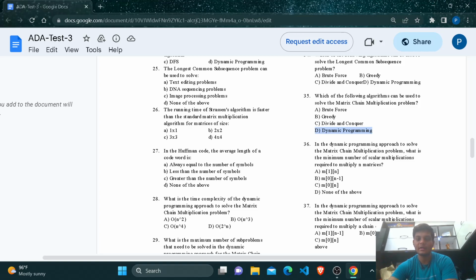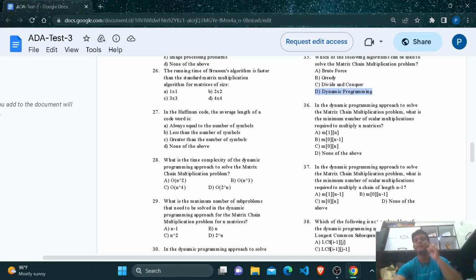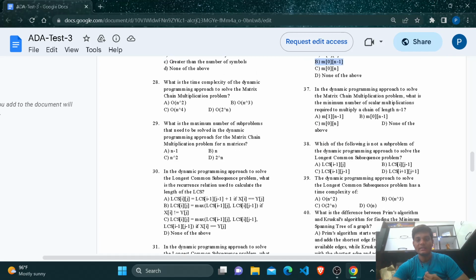In dynamic programming approach to solve the matrix chain multiplication problem, what is the minimum number of scalar multiplications required to multiply n matrices? So yeah, the correct option is option B. 37th question is about the dynamic programming approach to solve the matrix chain multiplication problem.